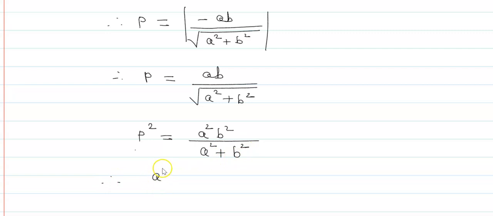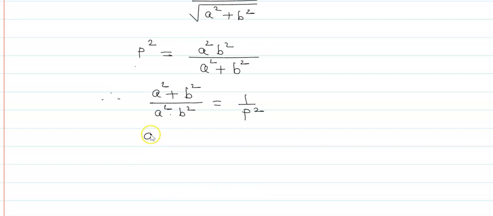What is that? a square plus b square upon a square into b square, and that is equal to 1 upon p square.